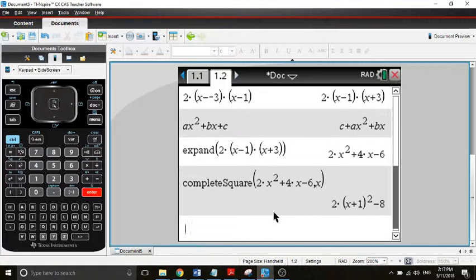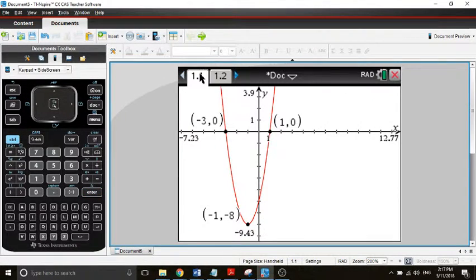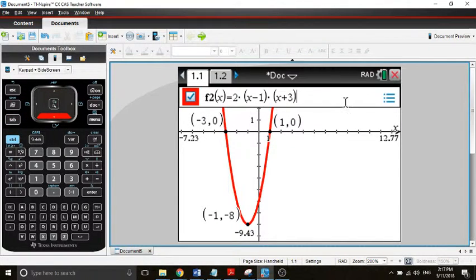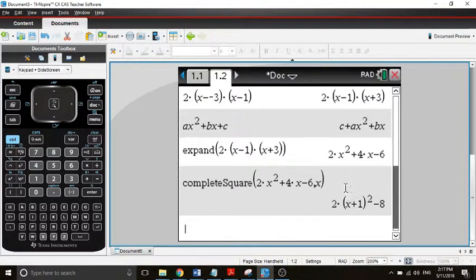So that takes care of how to find the equation if we've been given x-intercepts. Let's just check. If I press tab and go up, there we have what we put in before. It doesn't work it out for us, but that's what it ends up being: 2x squared plus 4x minus 6. So that's the way we go about finding an equation if we've got two x-intercepts.